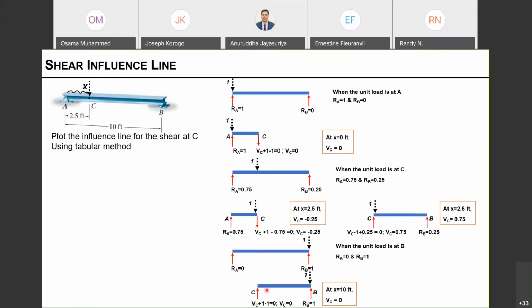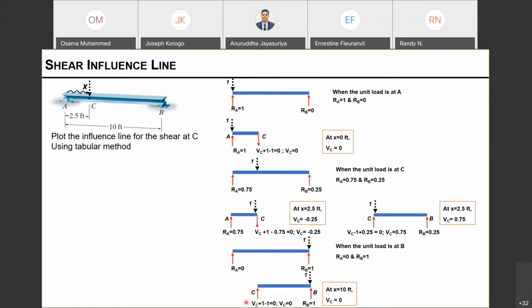We will now consider the right-hand side of the cut. You could consider the left-hand side as well, but to be more clear, I'm taking the right-hand side. So now we have the unit load applied at B, downwards. The RB value is 1, coming from static equilibrium. Since this is the right-hand side of the cut, my shear going upward is positive.